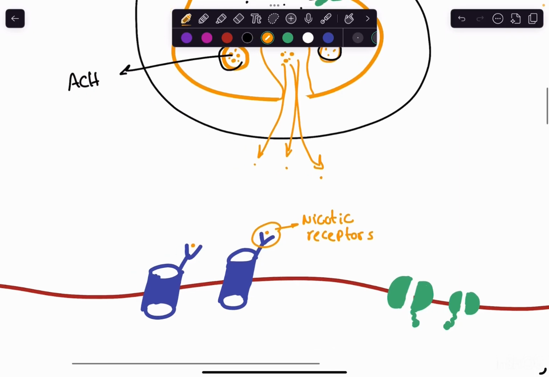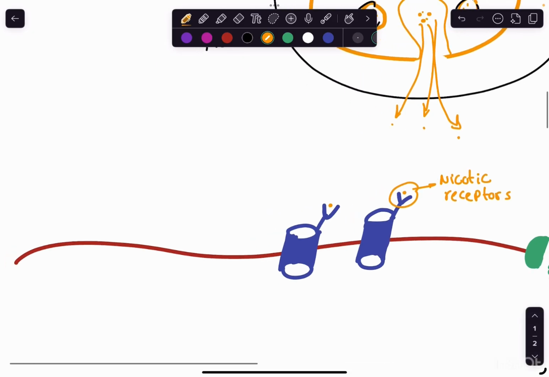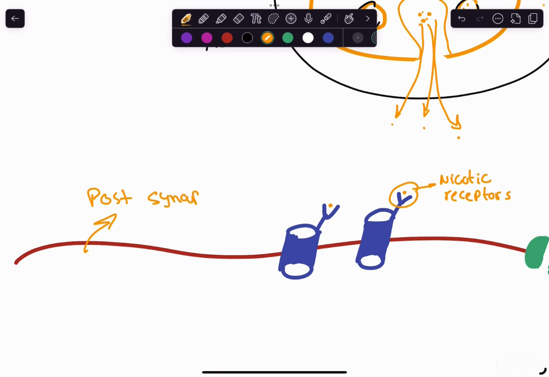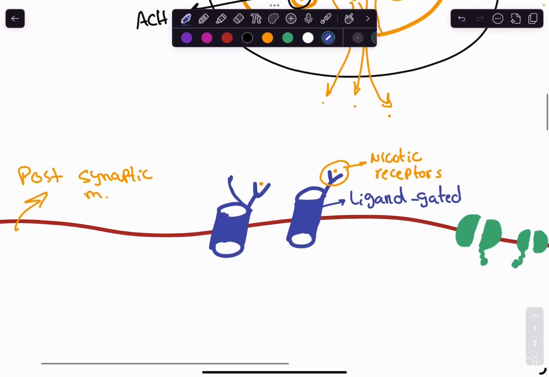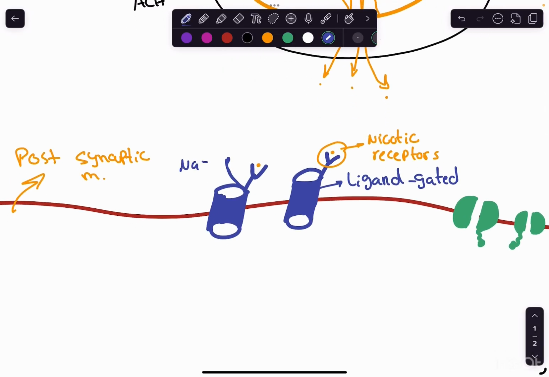So the nicotinic receptors are present on the sarcolemma here, and this, by the way, is the postsynaptic membrane. Once acetylcholine binds here, it allows those channels to open, and those channels have a very specific name. They're called ligand-gated sodium channels. They allow for sodium ions to get inside the cell.